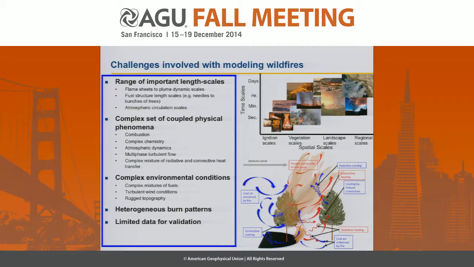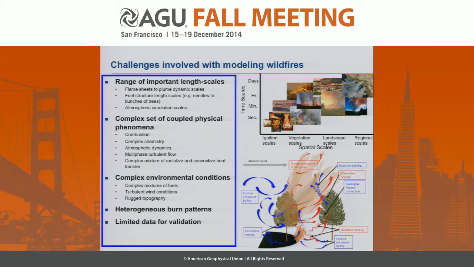You've got a complex set of phenomenology which interplay together: complex chemistry, multi-phase flow, turbulence, convective and radiative heat transfer, etc. You've got a complex set of environmental conditions. This isn't idealized scenarios. These are things where you have complex topography, complex weather scenarios, etc.